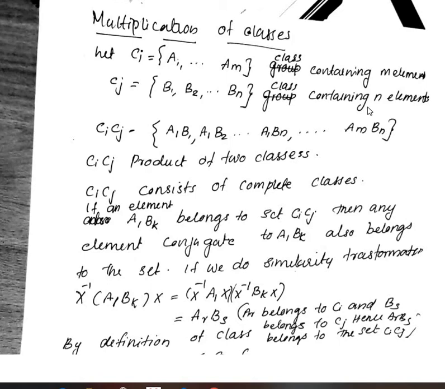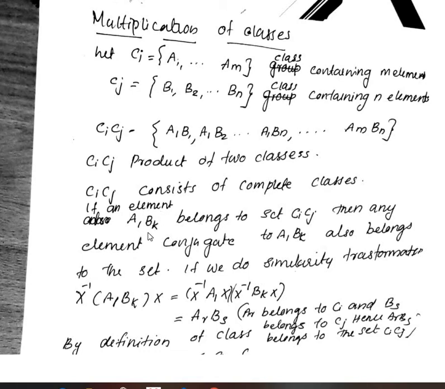Cj is a class containing n elements, B1 to Bn, and Ci and Cj are subsets of some group G. So CiCj is A1B1, A1B2, up to A1Bn, then A2B1, and so on, and the last elements are AmB1, AmB2, up to AmBn. CiCj is the product of two classes. CiCj consists of complete classes.